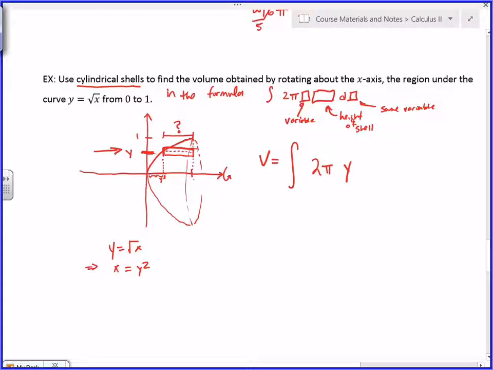That's what I'm going to put in right here. So 2 pi, this variable, times the height of that box, dy.